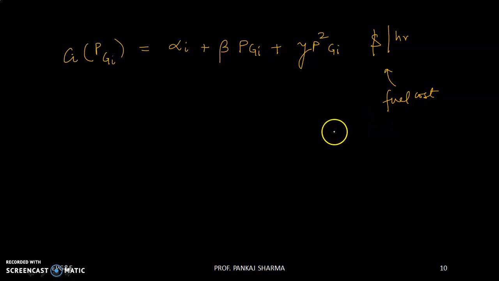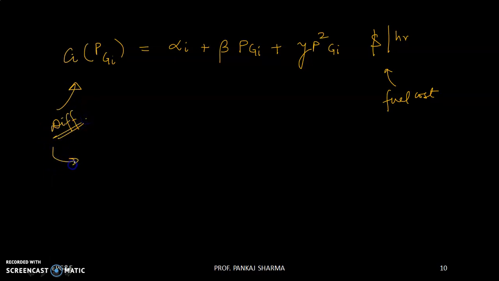Now, as we have studied earlier in this video, the incremental fuel cost is found just by differentiating the cost curve.